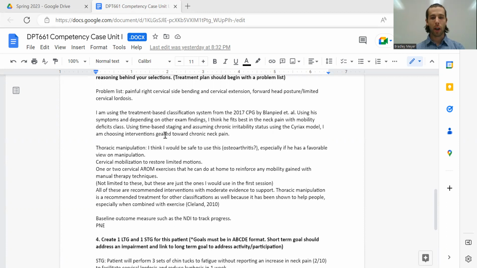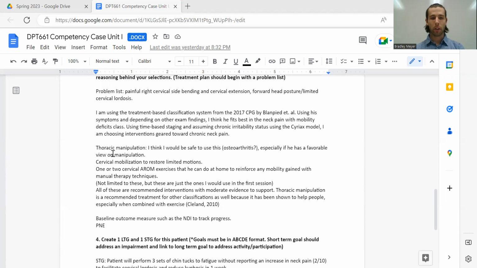Out of those, I chose chronic, assuming chronic irritability status from the Cyriax model, even though it didn't really give when in the range of motion he feels his symptoms, but also going off of his reports of not having an increase of symptoms until after longer duration activities. So putting him in this classification, these were some treatment options recommended in the clinical practice guideline.